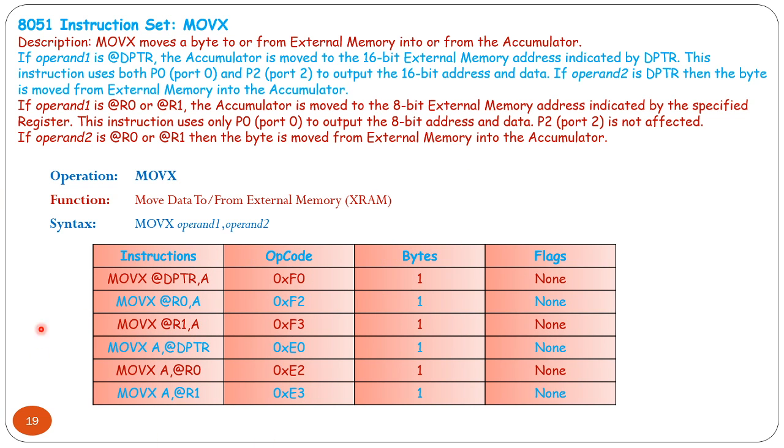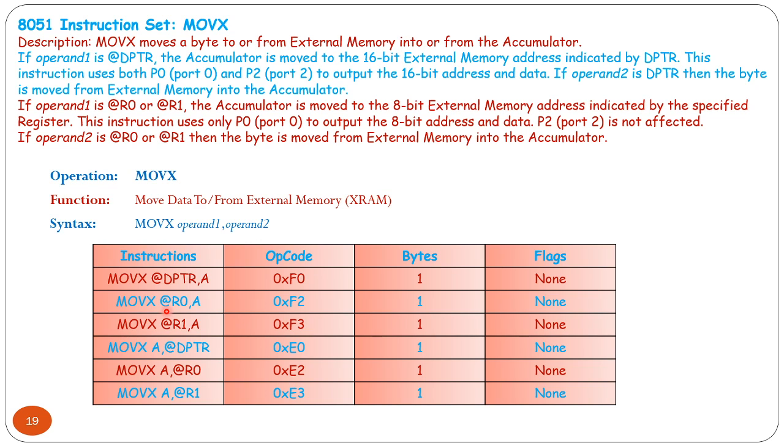Now these instructions have the operation code and number of bytes given here. Instruction suppose MOVX @DPTR, A. The content of accumulator moves to the external memory whose address is indirectly pointed by DPTR register, having the operation code F0H. 1 byte instruction, flags are not affected.